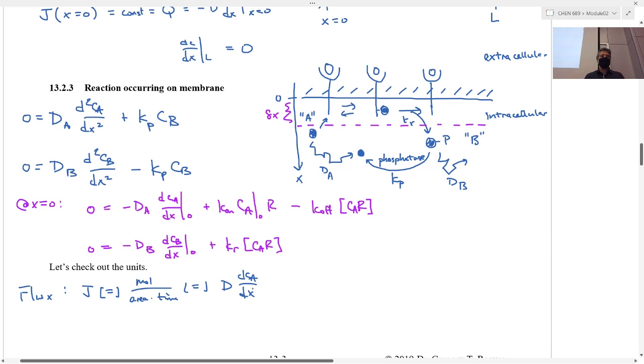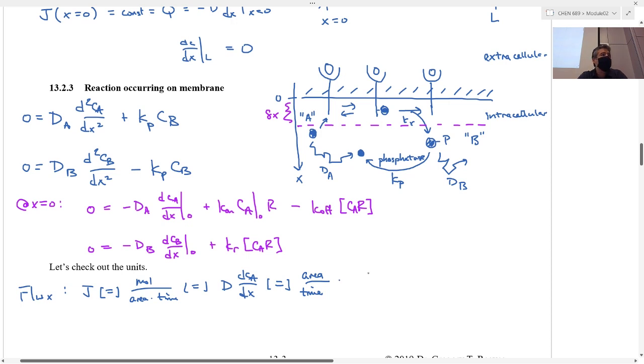And that's actually true. I think we did that last time, right? So the diffusivity times the first spatial derivative of concentration has the same units as flux. That's why that is a flux. But let's take a look at that. The diffusivity has units of area over time, or length squared per time.